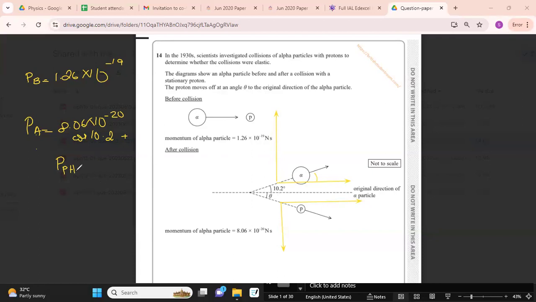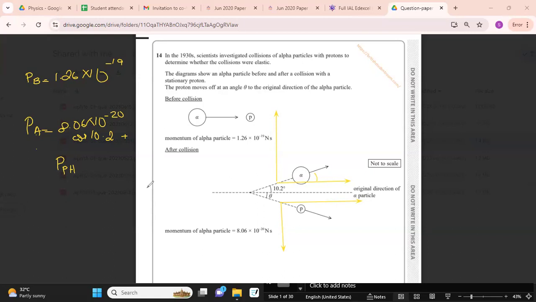So if I take out my calculator, we are going to do 8.06 into 10 raised to the power of negative 20, multiplied by cos 10.2. This gives us 7.93 into 10 raised to the power of negative 20.